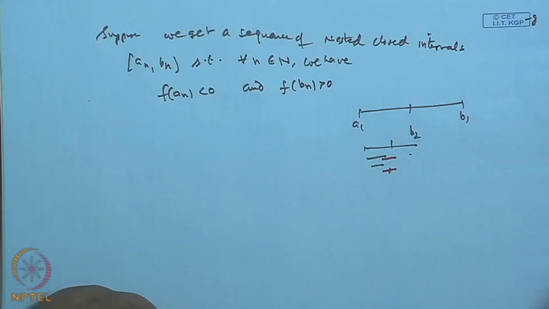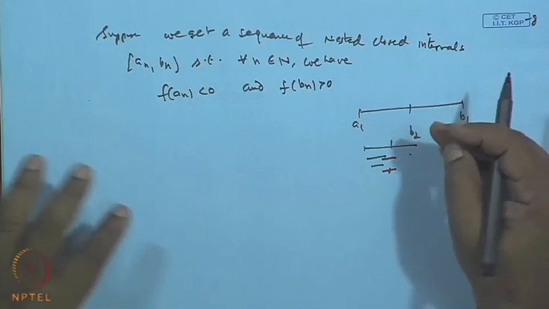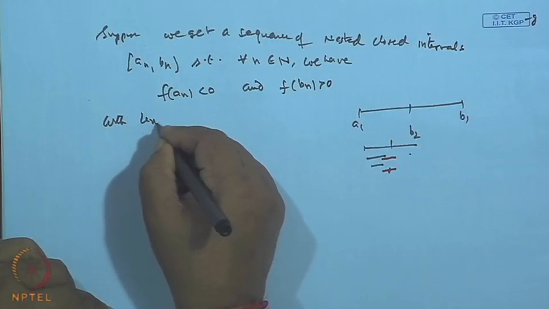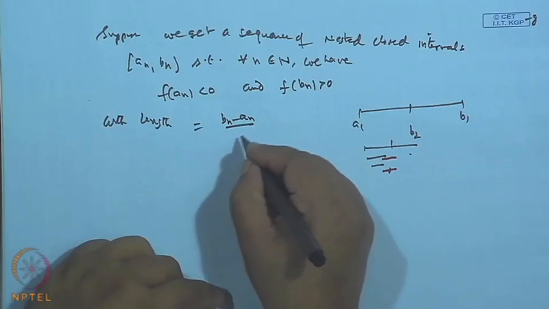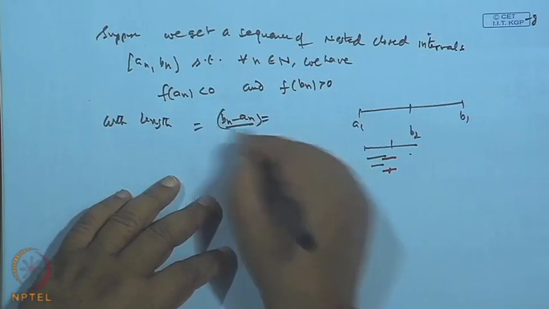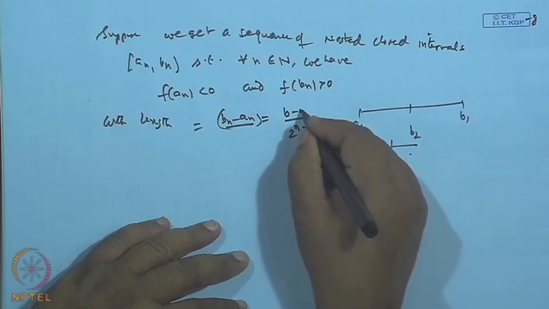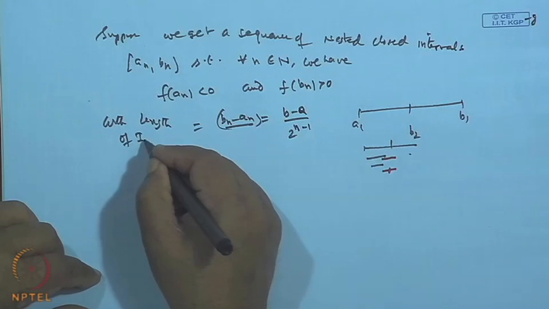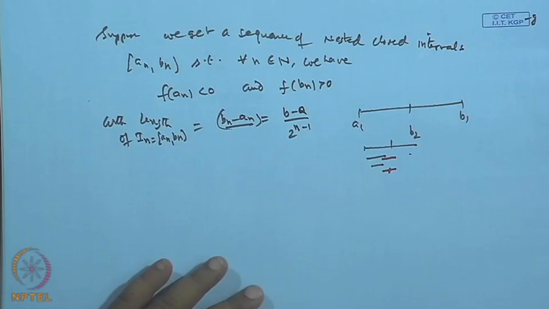So we get a sequence of nested intervals, each contained totally in the previous one, and the length will be b n minus a n, which is equal to b minus a over 2 to the power n minus 1. This will be the length of the interval I n, which is a n b n.